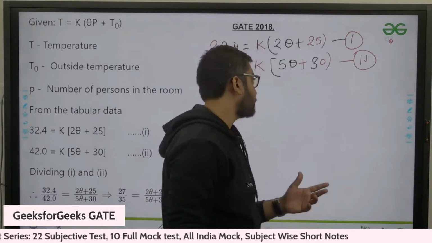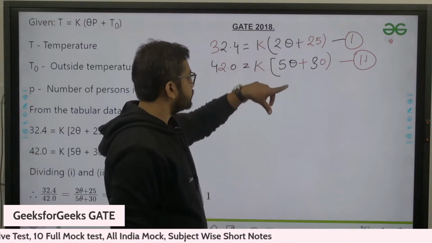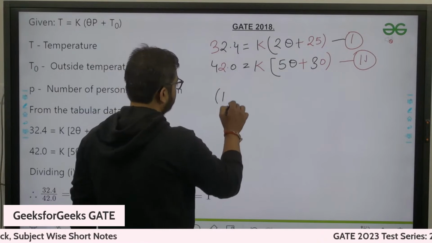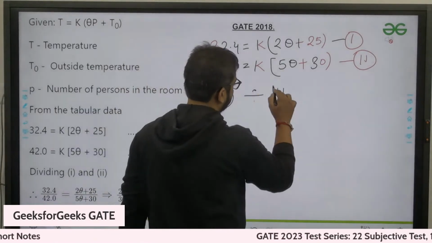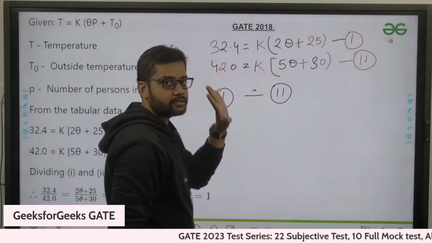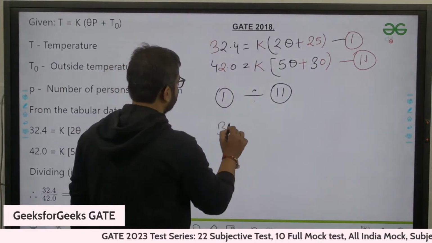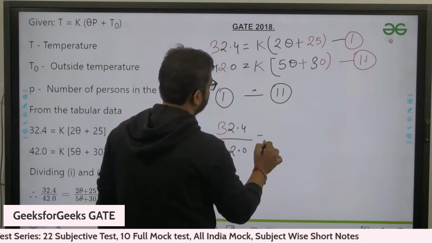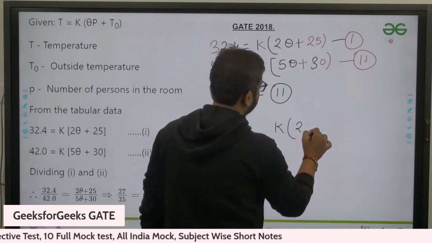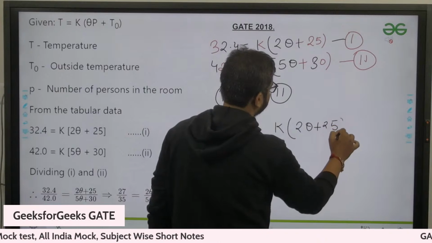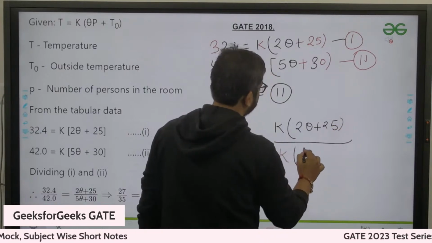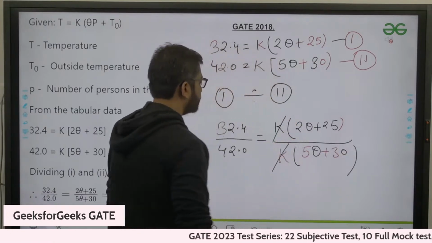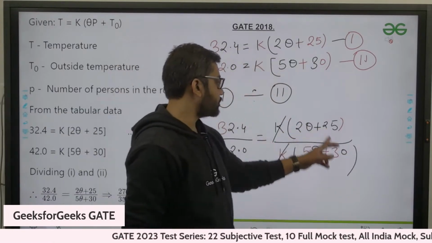Can we just divide 1 by 2? If I do so, K will directly cancel. So 32.4 divided by 42.0 is equal to K times 2 theta plus 25 over K times 5 theta plus 30. The K and K cancel.